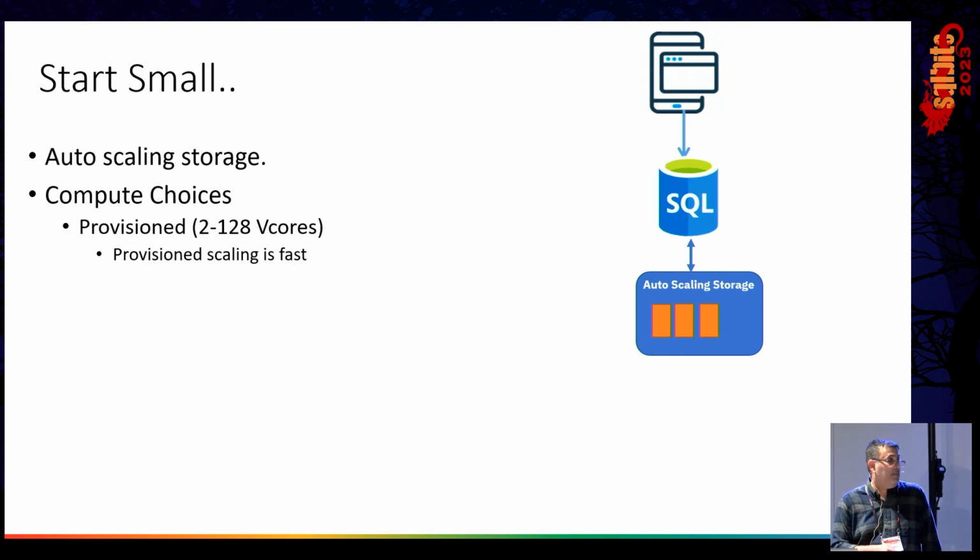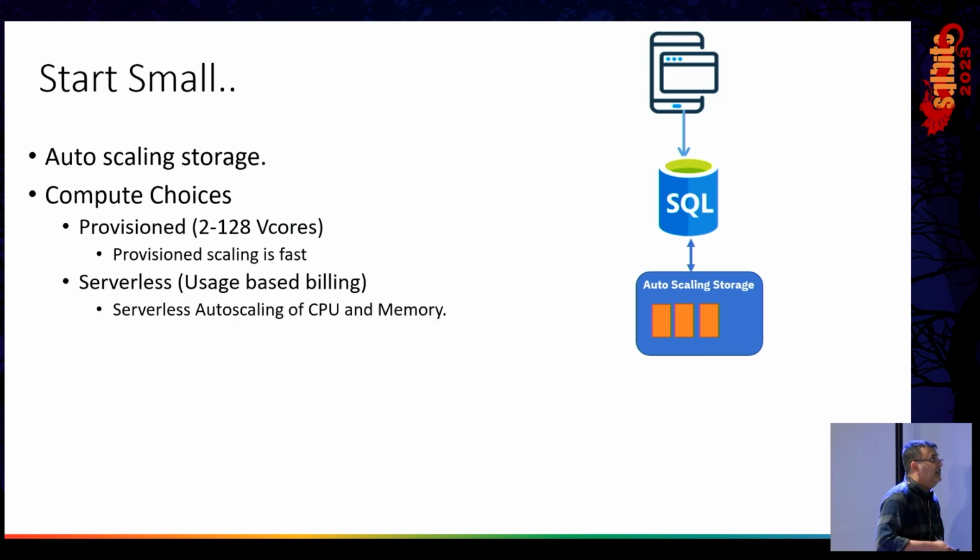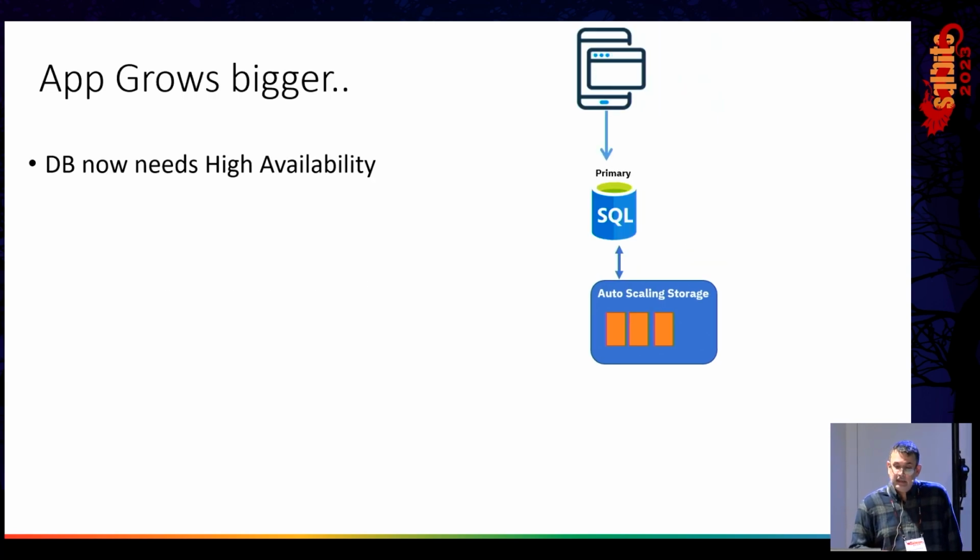And then we'll talk more about serverless in a second. But you also have the serverless auto-scaling, which is in preview now, which enables almost instantaneous scale-up and scale-down of CPU, memory, and some of the caches. We'll look at that in much more detail. As the app grows bigger, you might have needs around HA and resiliency.